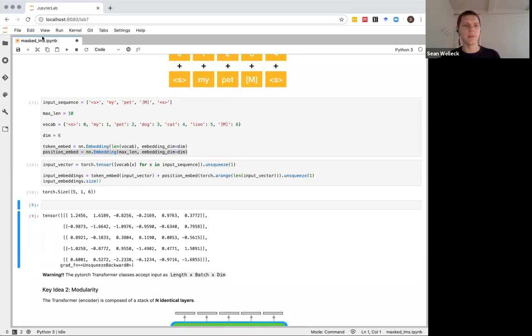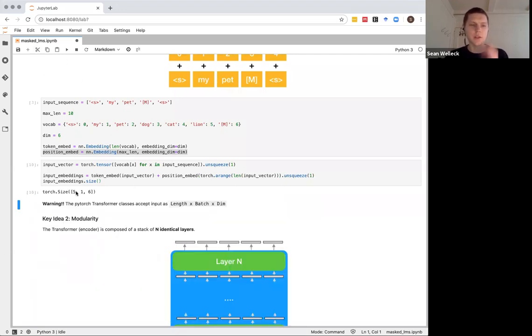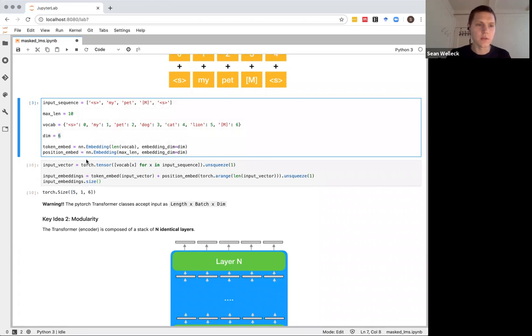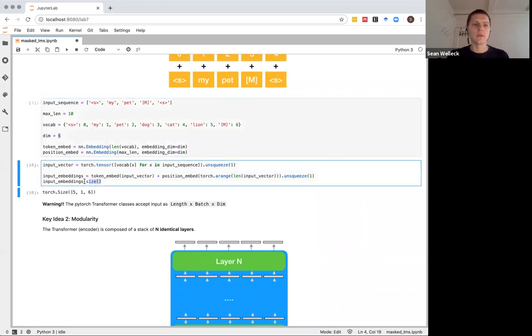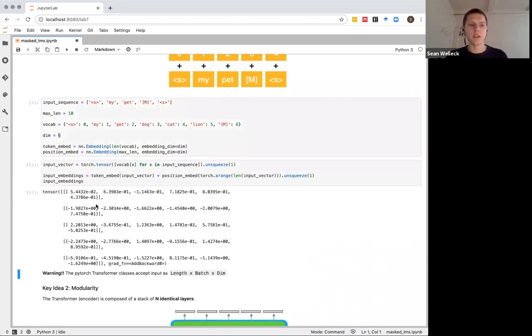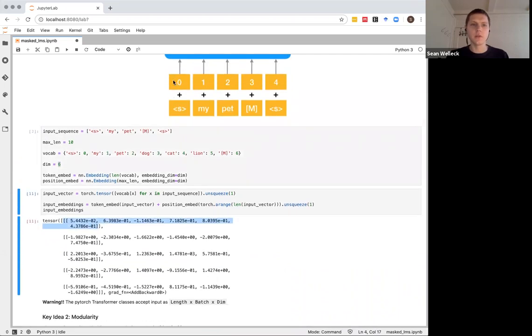Okay, and so now you get something which is the length of the sentence, which is 5, right? We had 5 different tokens. And then the batch size, which is just 1. And then our dimension, which up here we specified to be 6. So what it's saying is that for each element of the input, for each position, we now have some vector, which we could provide as input to the transformer.